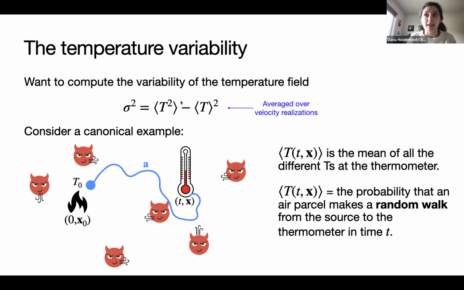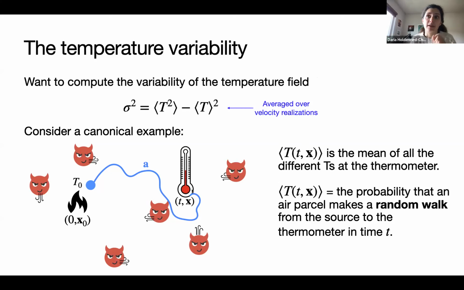So we need to calculate these two quantities, the average of the temperature squared and the square of the average of the temperature. So let's start with the average of the temperature, which is the simpler of the two. The idea is to run this system over many different iterations, and in each iteration, the configuration of demons will be different.